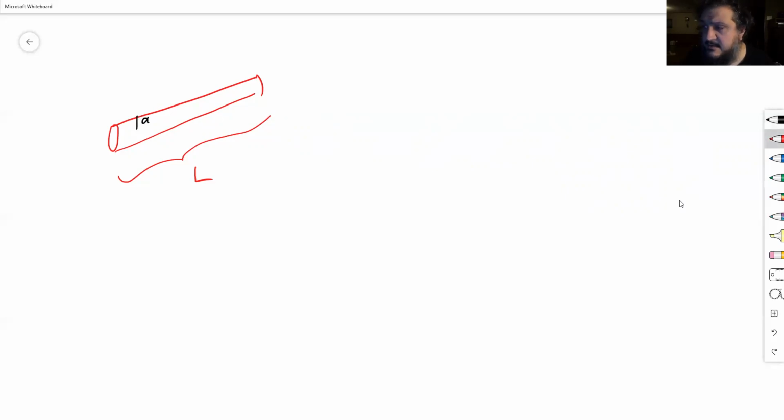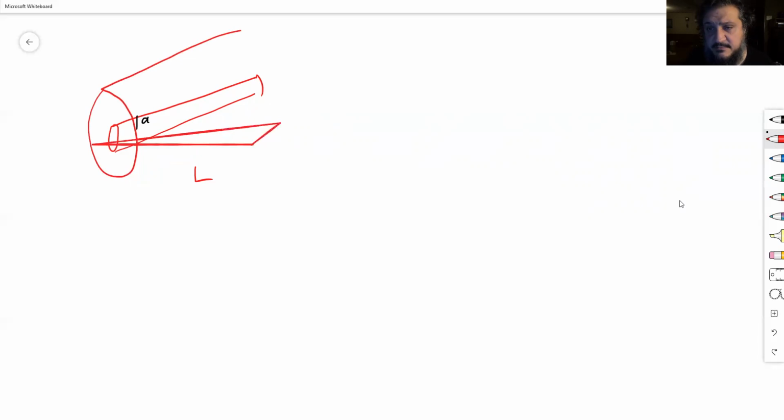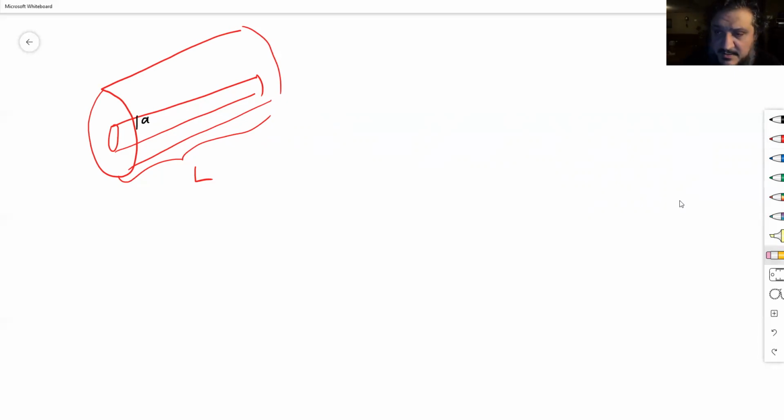And then an outer cylinder, same length, which is L. Okay, they are parallel. So do I need to redraw that? Maybe I should get rid of this side, try to do a better job.